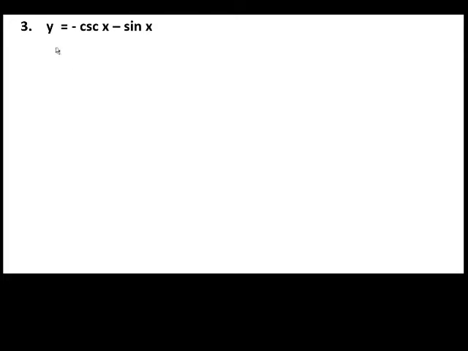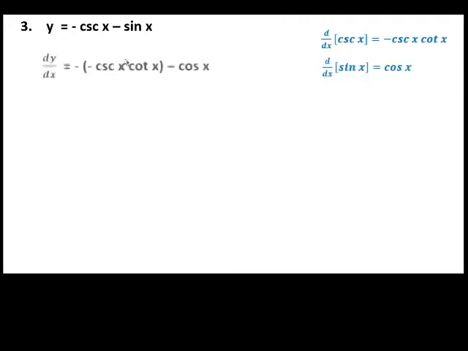Next, find the derivative of y equals negative cosecant x minus sine x. We have here the derivative of cosecant x equals negative cosecant x cotangent x, and the derivative of sine again is cosine. So we leave this negative, bring down the derivative of cosecant x, which is this one, minus the derivative of sine x, which is cosine x.